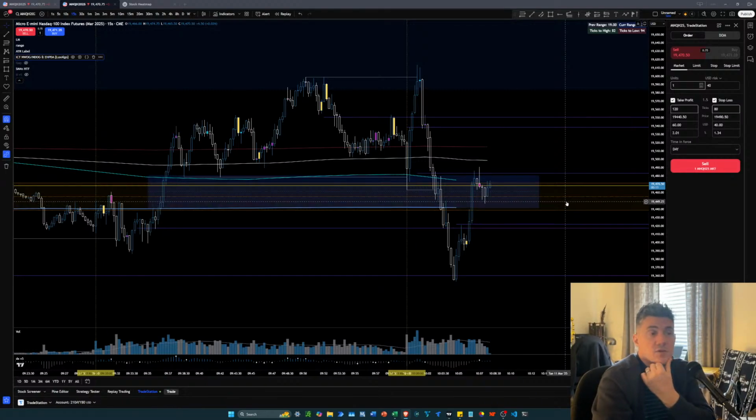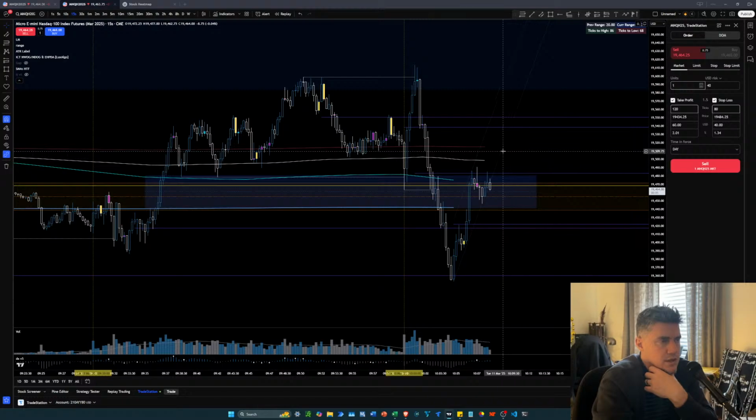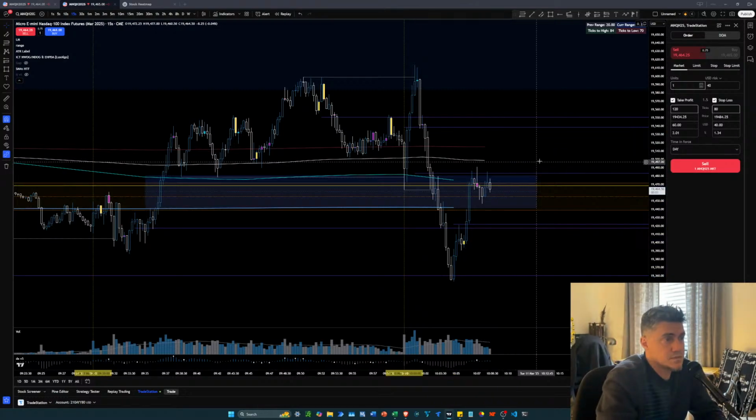I was risking between $20 and $25 in a prop account per trade, and now I'm supposed to risk 50 real cash per trade. Just a little bit of a tall order so far. The analysis edge is pretty clear. I mean, I'm reading the market pretty well.